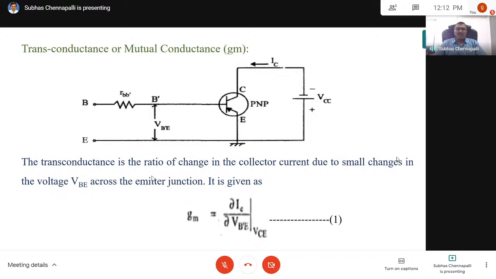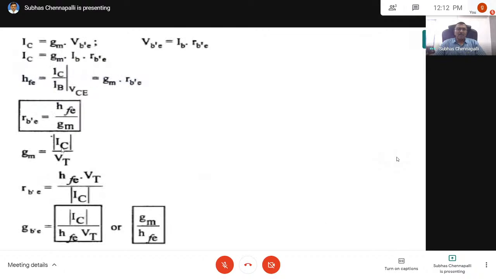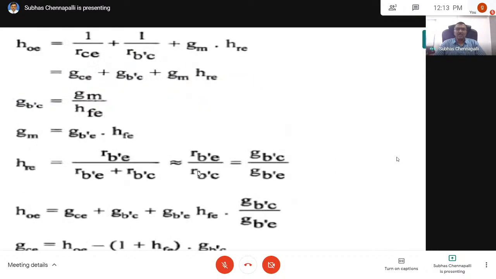GM, we have taken the formula by definition as dou IC by dou VBE at VCE constant. This slide and the next slide give the fundamental derivation for GM. Finally, we get that only. What we have shown for GM earlier is mod IC by VT. This derivation is done.